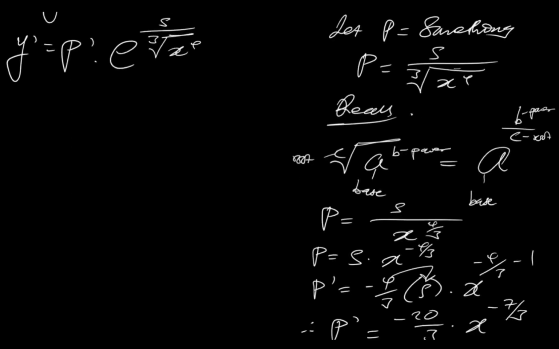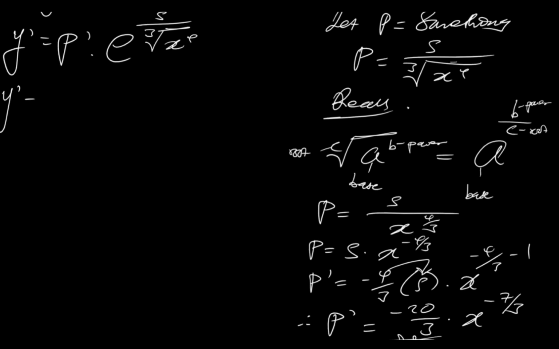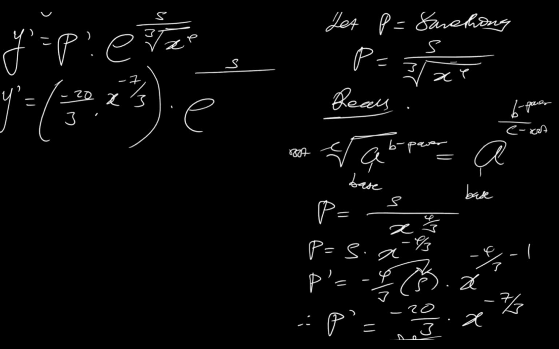Now, remember, what is p prime? So we say y prime is equal to p prime, which is negative 20 over 3 times x to the minus 7 over 3 times e to the 5 over root of 3 x to the power of 4. So this is your final answer.